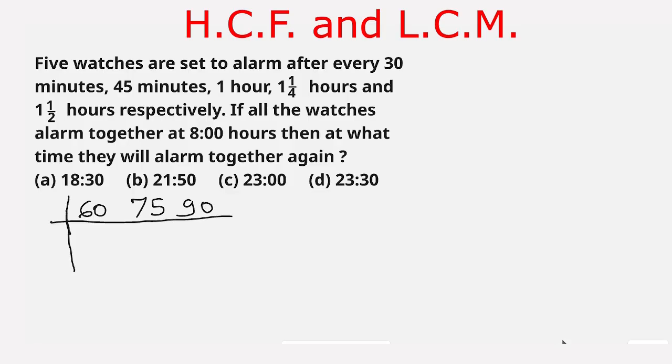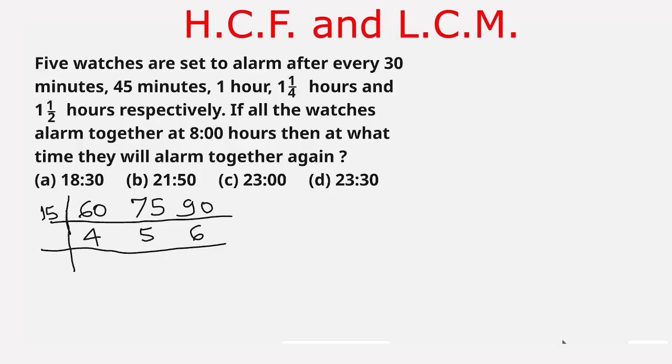On observing these numbers, 60, 75 and 90 are divisible by 15. So we divide these numbers by 15. 15 times 4 is 60. 15 times 5 is 75. 15 times 6 is 90.